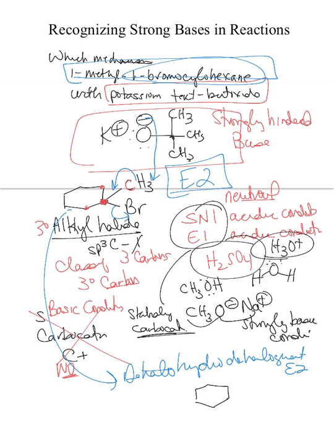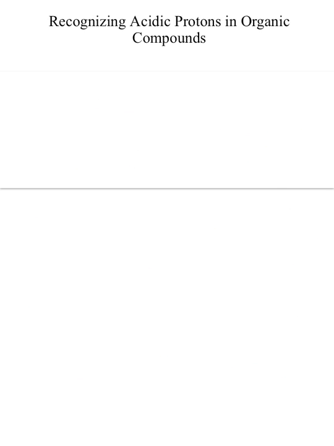And this is a good reaction to understand because it's under basic conditions. You've got to understand that you're not going to get a carbocation under basic conditions. And that's a good reason why you've got to recognize when you have a strong base.